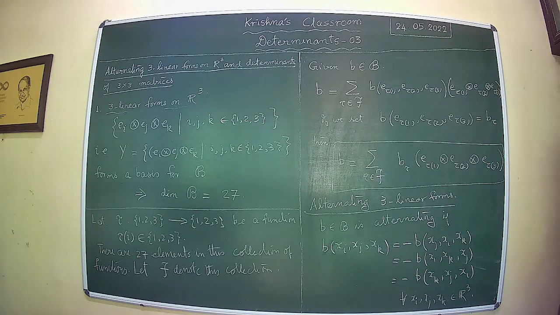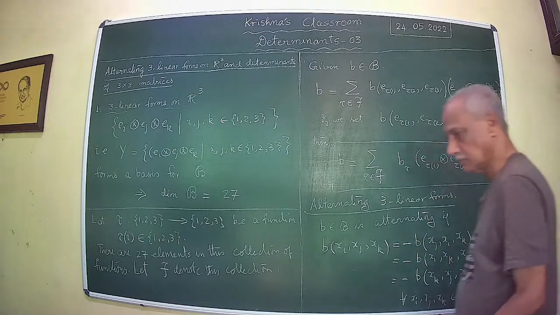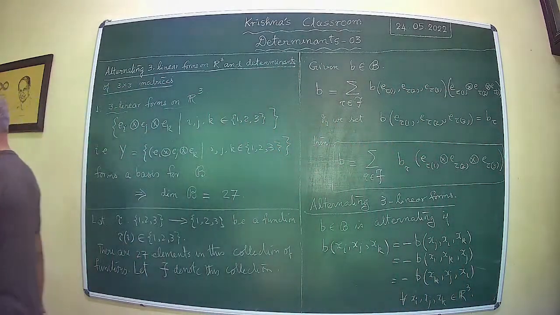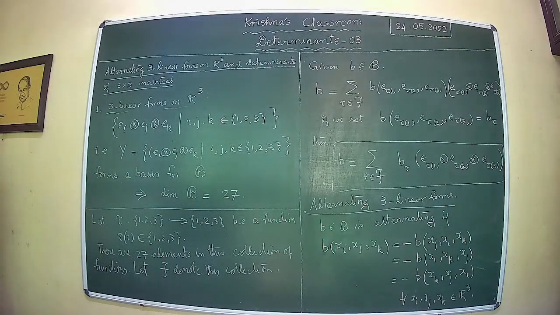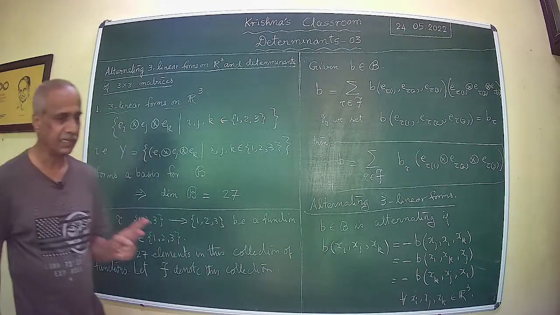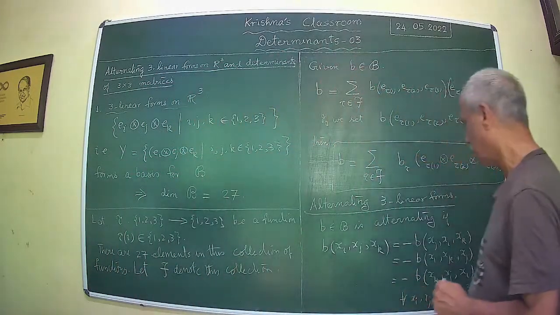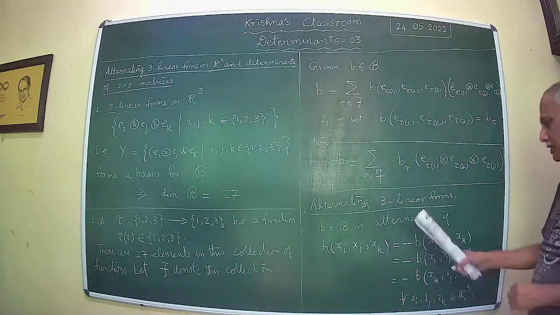This is what you mean by alternating. That means interchange of any pair of arguments, keeping the third one fixed, will change the sign. Okay. So that defines it.